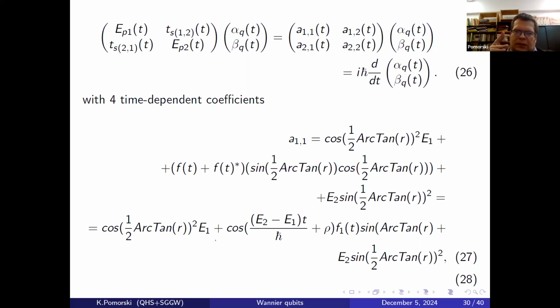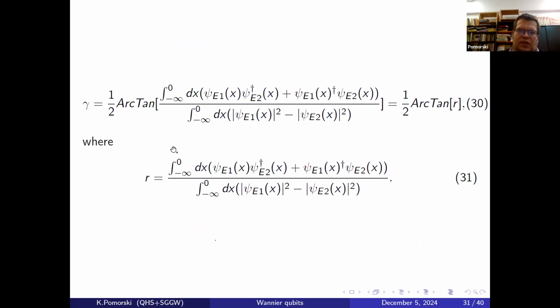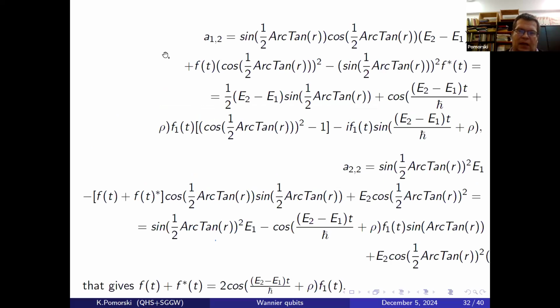If you shine a microwave pulse, you have Rabi oscillations, and those two levels start to talk. This is expressed by the presence of time-dependent terms. I'm not going to describe this in greater detail, I'm just signaling it. There is a unique prescription for that. All right, and this you have already seen from before. You can also get quite lengthy formulas. I just want to mention this is for a two-level system.